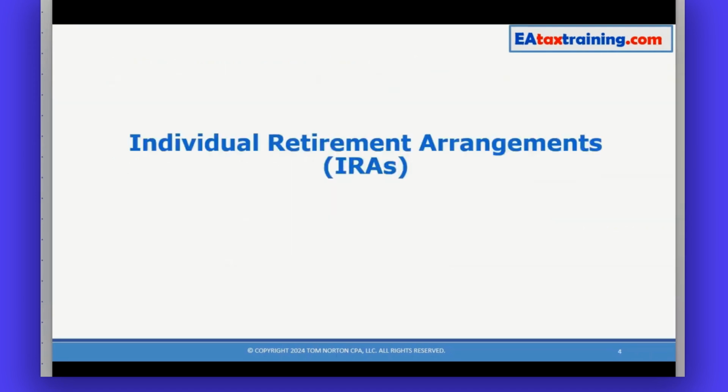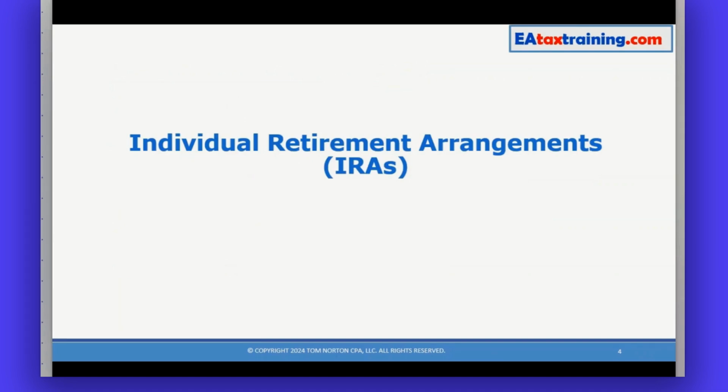And then you'll see there's a couple of other publications there as well if you want to dive in even deeper. Starting with individual retirement arrangements, you may have heard these referred to as individual retirement accounts, and that is perfectly fine. Arrangements is the generic form of the phrase. Within an IRA, there can be an individual retirement account, which is probably the most common one that you'll hear, or there can be an individual retirement annuity.